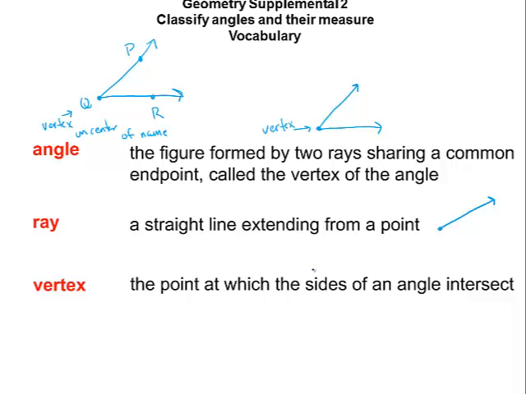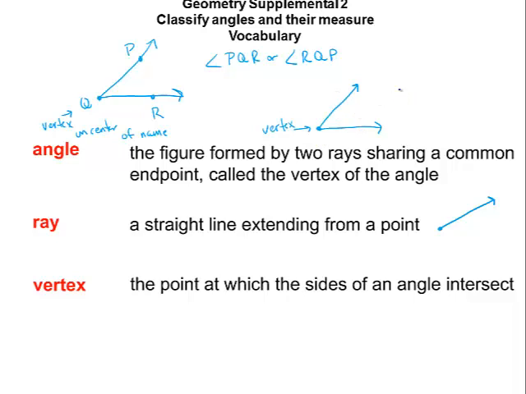So to name this angle, you can name it angle PQR, or you can name it angle RQP. The other two letters can flip around that middle letter, but the vertex has to be in the center. So both of these are correct.